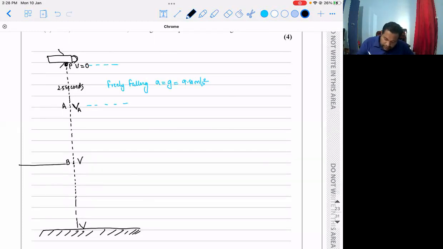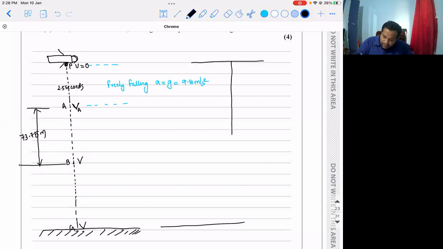But in this A to B section, this is the ground. In the A to B section, he traveled 73.75 meters. The total distance between this point and this point is h.